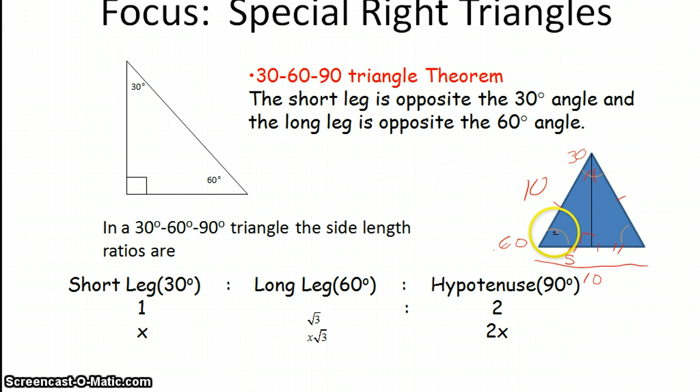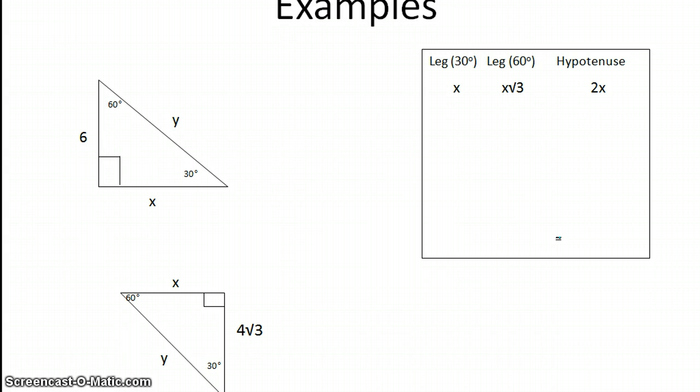So let's take a look at some examples. Here's our first example. We have a 30, 60, 90 triangle. The information they gave us was the side opposite the 30, which was a length of 6. I've got my ratios written down over here, so I'm going to put in the information they gave me. Now all I'm going to do is finish out the ratio.